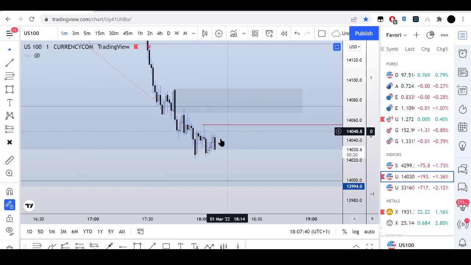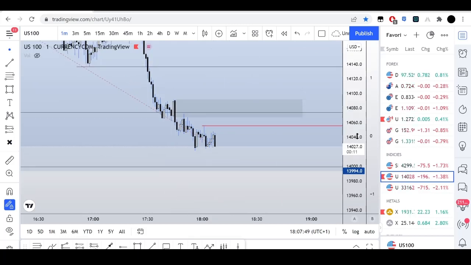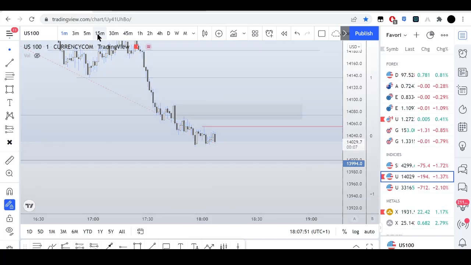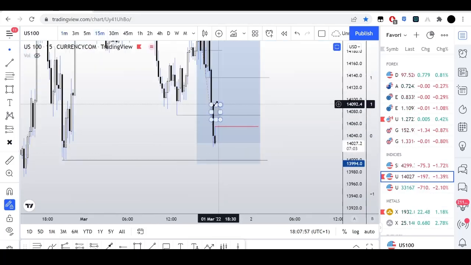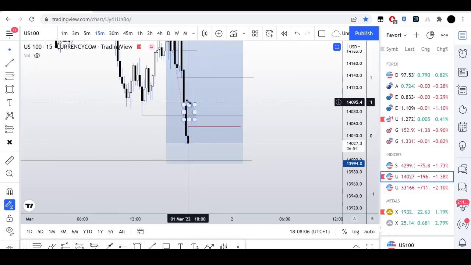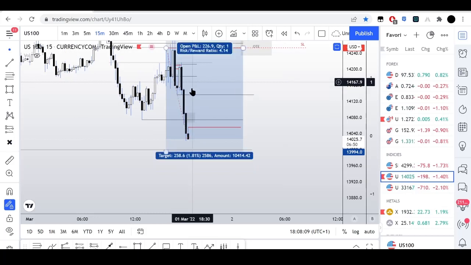Even though I could take it out, come into here, and then dump down, I just don't want to deal with that drawdown of it coming all the way up here, then possibly going above that, and then messing around. Where I could have just took my 1 to 3. You know what I mean? But it's high probable that it's gonna run this low. Even if it did come up here, and if there was a top wick up here, it would have been a lot better. It is a small one, but it might. I don't want to deal with it coming all the way up, filling in this fair value gap, and it could even come deeper. I don't feel like dealing with all that.